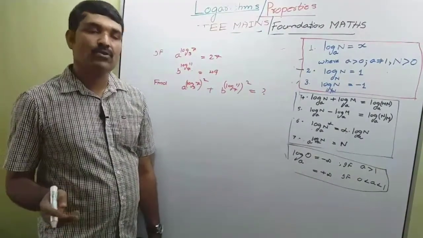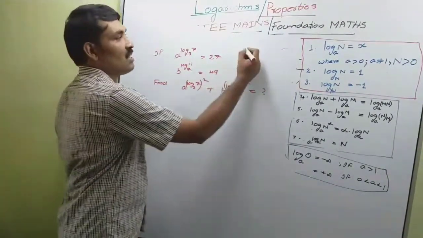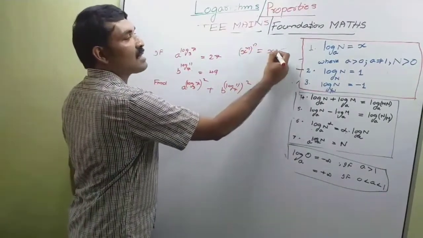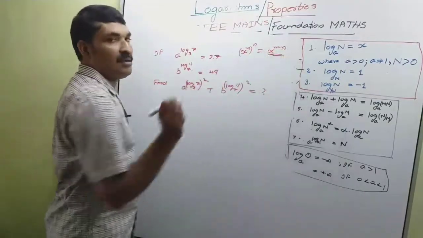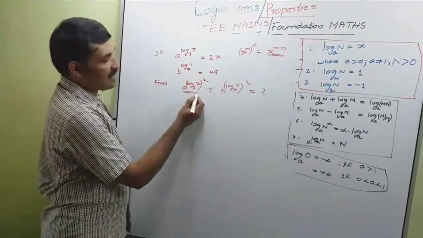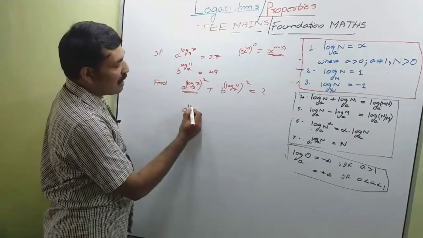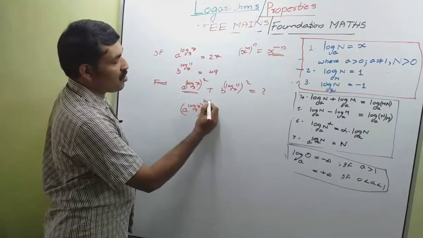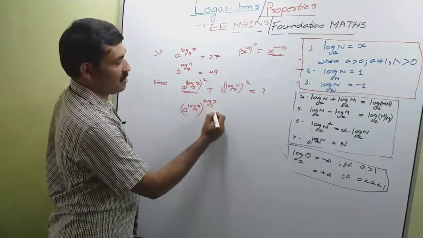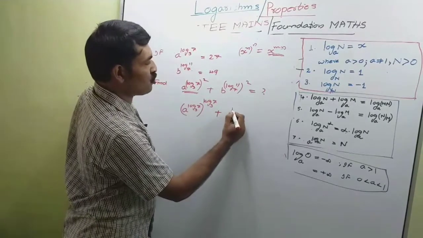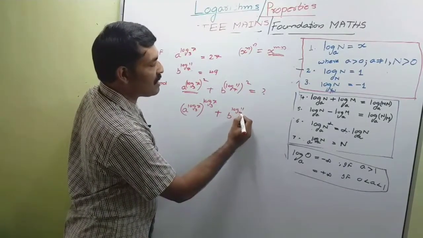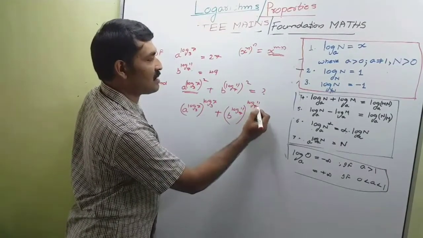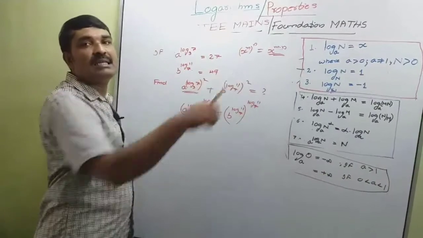This is similar to the previous question, and we can make use of this relation: x raised to m, all raised to n, is equal to x raised to m into n. So we can write this term as a raised to log 7 to the base 3, whole raised to log 7 to the base 3, plus b raised to log 11 to the base 7, whole raised to log 11 to the base 7, by making use of this property.